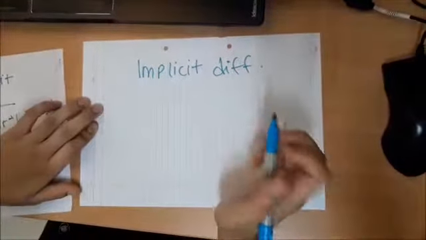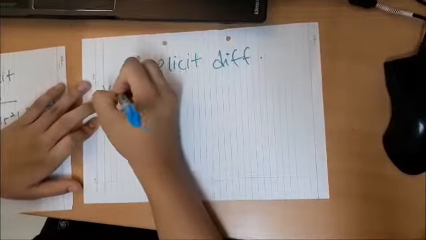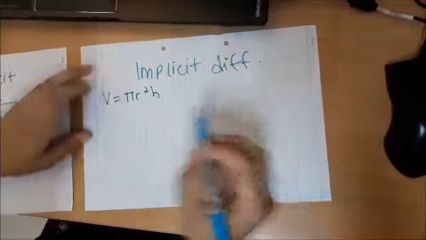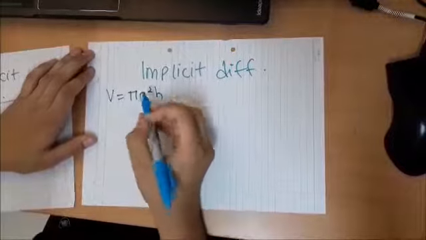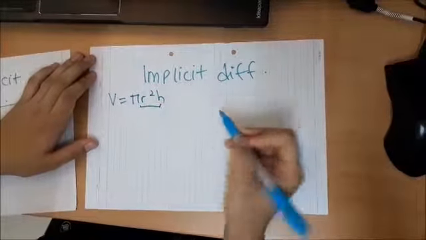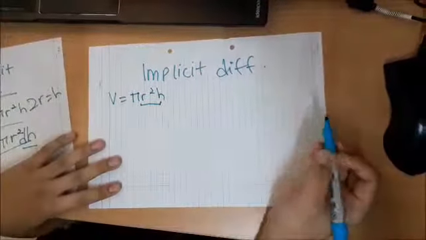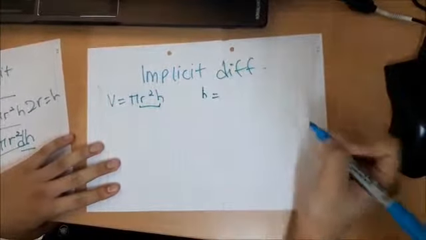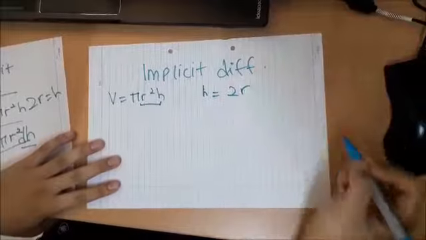For example, the volume of the tank is V equals pi r squared h. If we want to differentiate this, we must let there be only one variable. So in this project, the height of the tank is 2 times the radius.